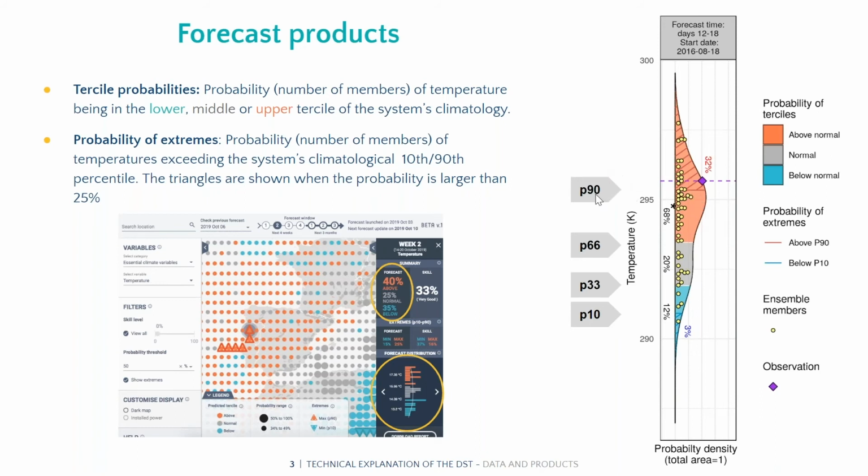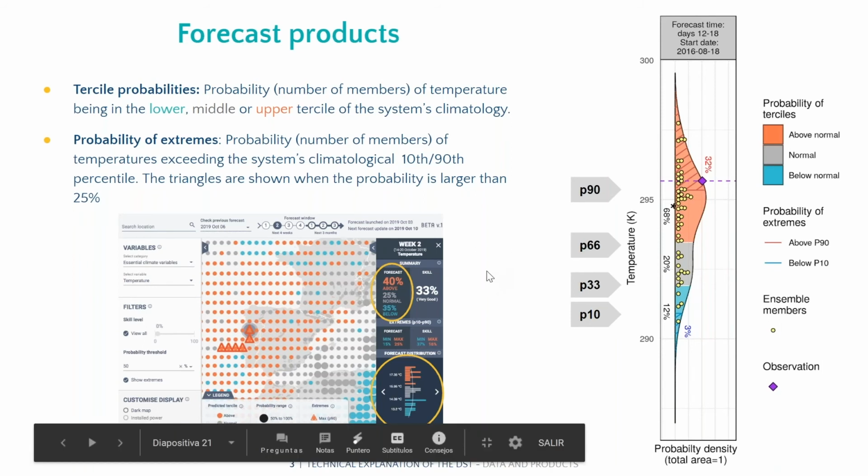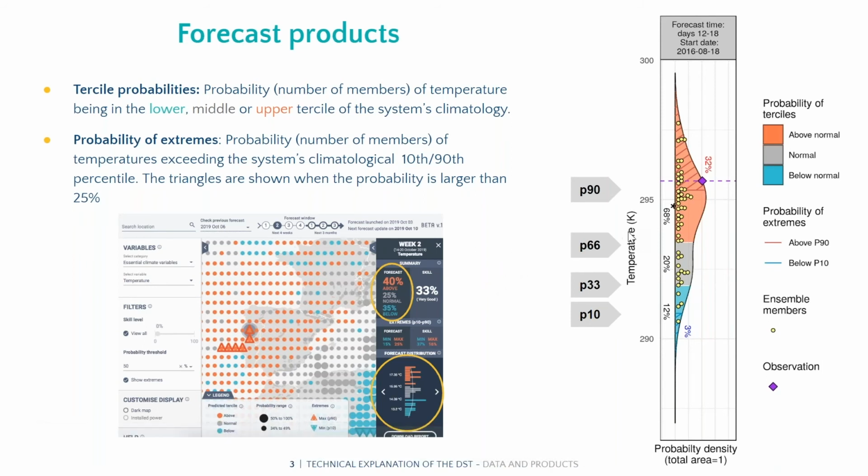Then the 90th percentile and the 10th percentile are also indicated in this graph, and the members that fall above this threshold or below this threshold indicate the probabilities of having an extreme value. You can see in the DST, when the circles appear, the color indicates which is the most likely tercile. In this case it would be the above normal one.